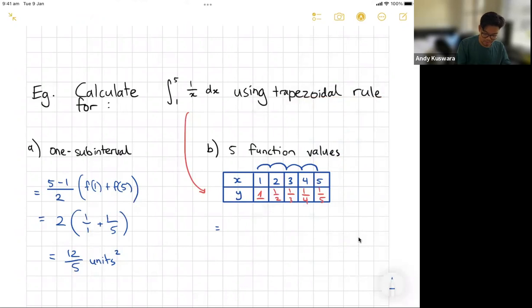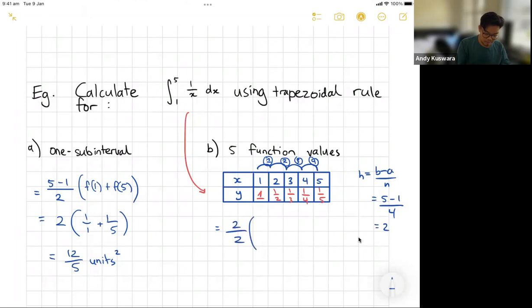So if I really wanted to, I know h equals b minus a over n. So it's going to be 5 minus 1 over the number of subintervals, which is 4 subintervals, because there's 1 subinterval here, 2 there, 3 there, 4 in between 4 and 5. So it would be 4 over 4, which is just 1.